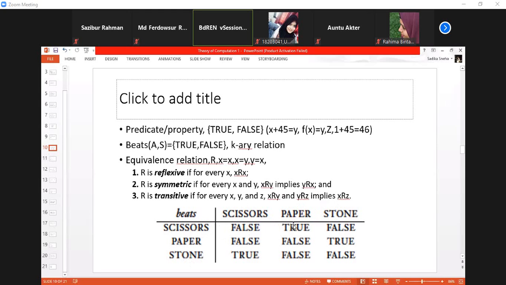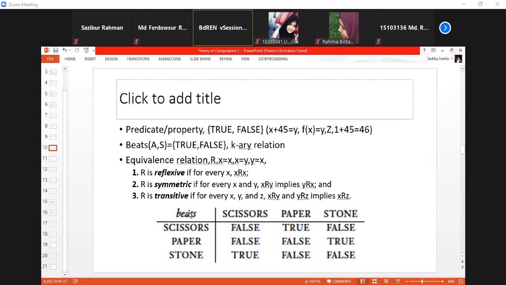So remember one thing which I always forget. That's why I am asking you to remember this. Whenever you are placing a relationship in the table, and you have two values in the column and the row, this portion comes first and this portion comes second.